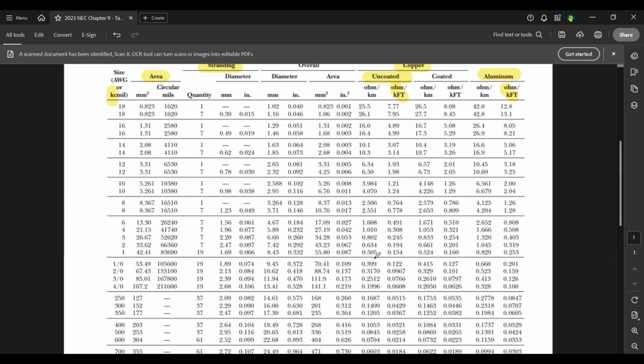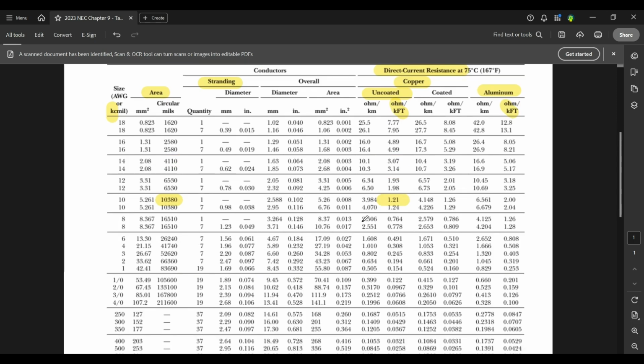If you do that math for any of these, so let's just say this one here, if we take our uncoated copper and we take this number and try to figure out ohms per feet, we would take 1.21 divided by 1,000, which is 0.00121.